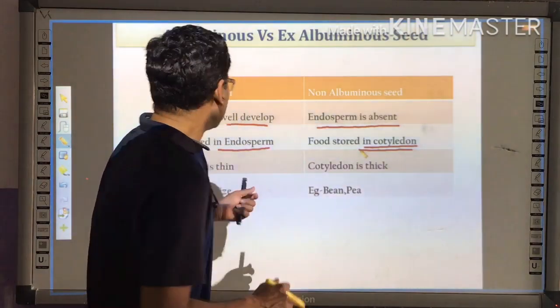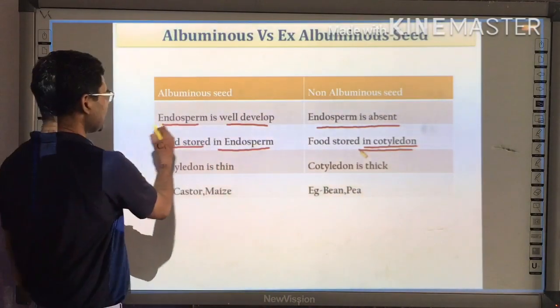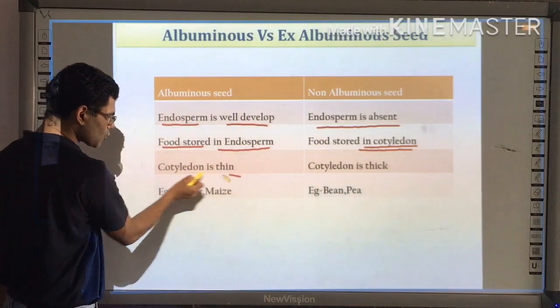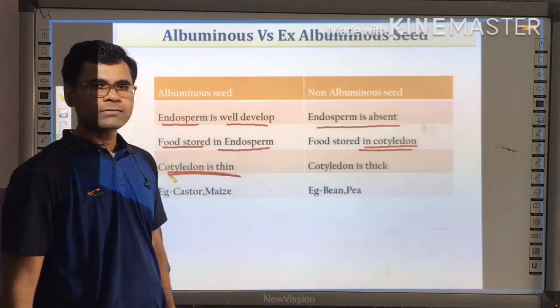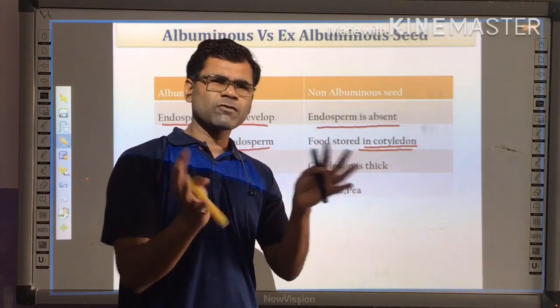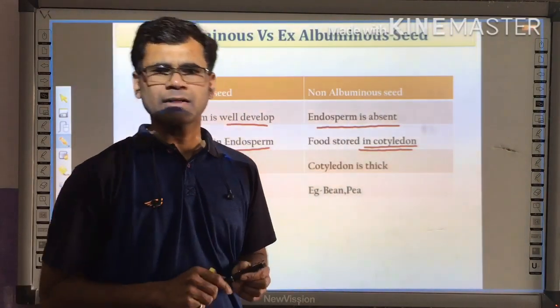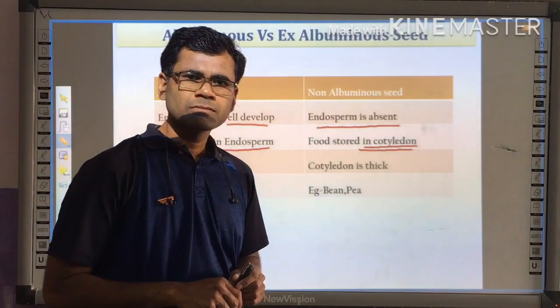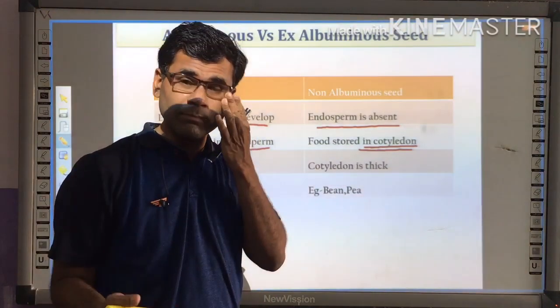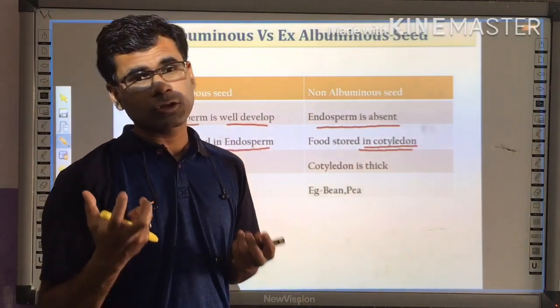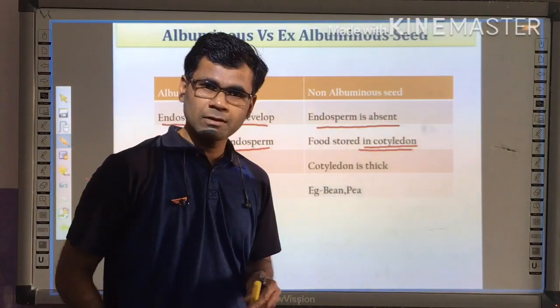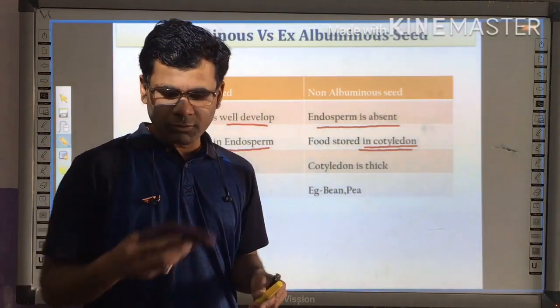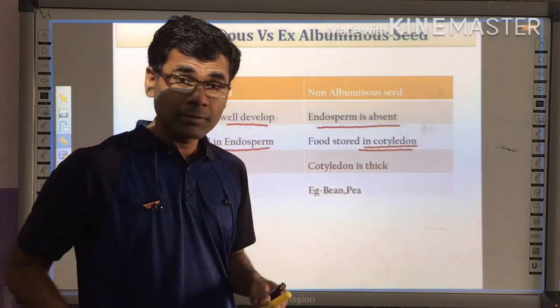For albuminous seed, since the endosperm is well developed, the cotyledon is thin. Much requirement of cotyledon is not important, because the endosperm is very well developed and acts as a rich reservoir of nutrients, so that nutrient can be supplied during the early stages of growth.